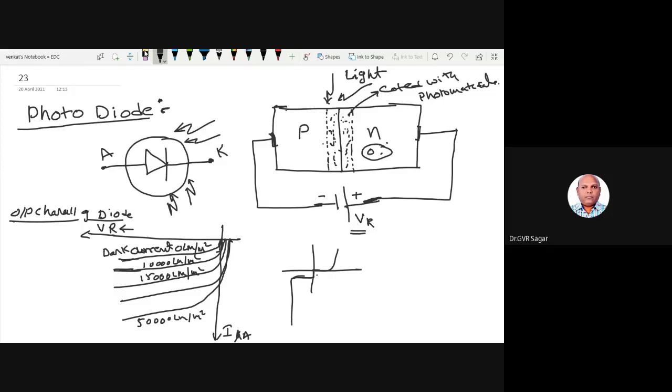And coming to the advantages of a photodiode: it can be used as a variable resistance device. Number two, it is highly sensitive to light.